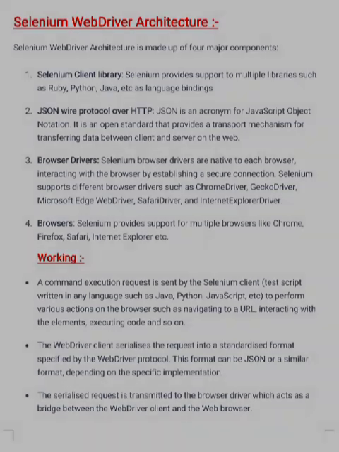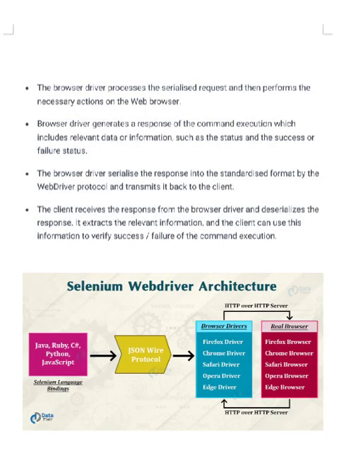Means what? If we have any test script, then that is converted into JSON format first. After that, it is given to the browser drivers. Means each browser has its own browser driver. So there is an interaction between the browser driver and the browsers.